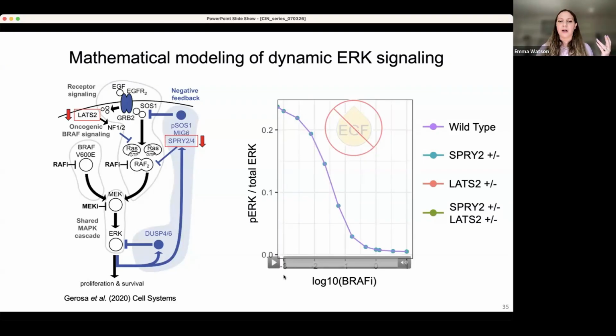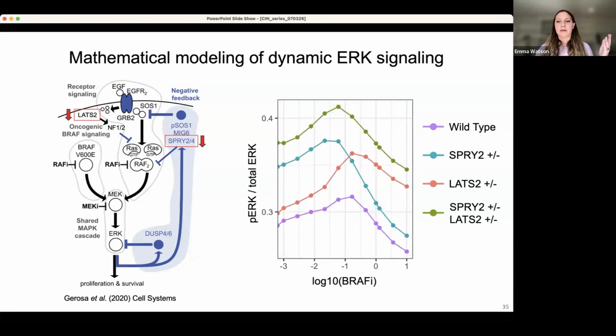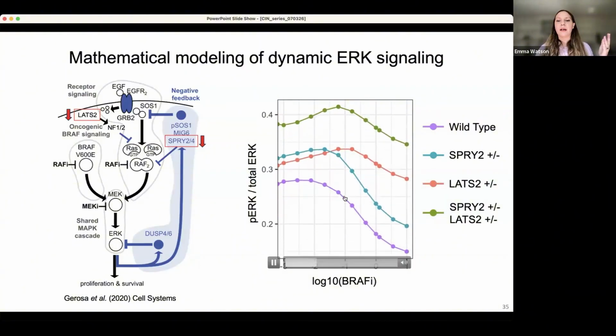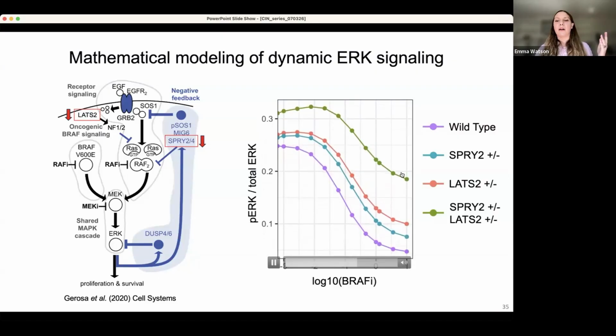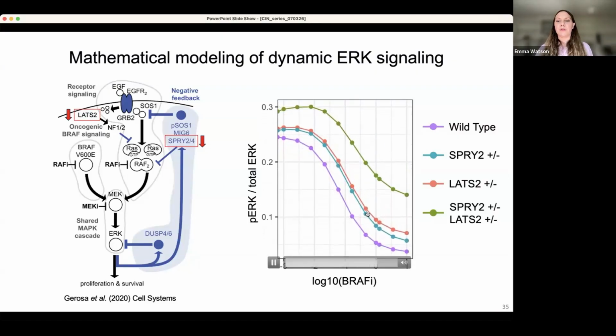And so at low doses of BRAF inhibitor, the cells are signaling fine. At the higher doses, they're completely shut off. All right, so let's add the EGF and watch what happens. So here's our wild type cells, and here's our double mutant cells, and here's our single mutants.